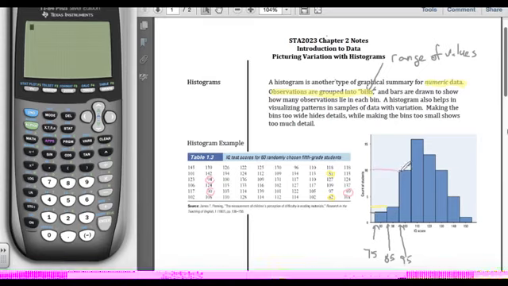This third bar goes up to 10. There should be 10 students who have IQ scores between 95 and 104. The tallest bar is this 105 to 114 bar. It's above 15, maybe there are 16 students. Then it begins to go down on the right-hand side.